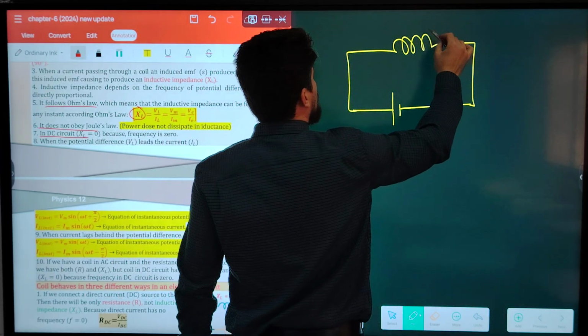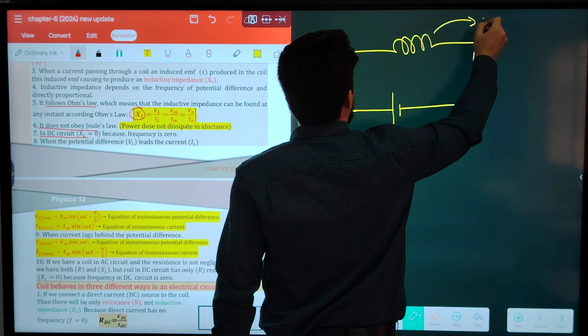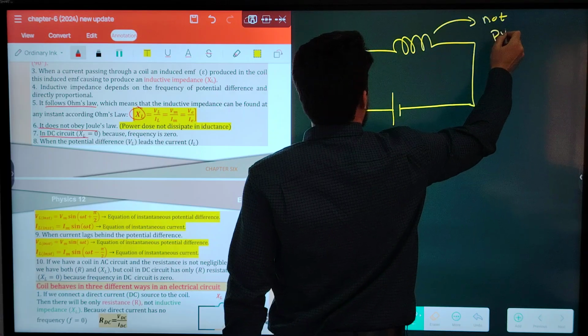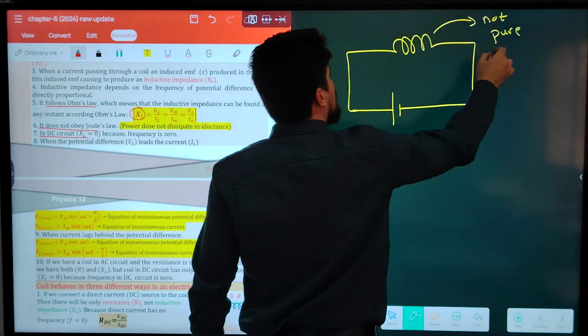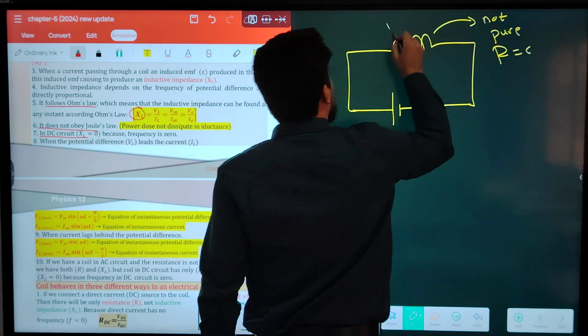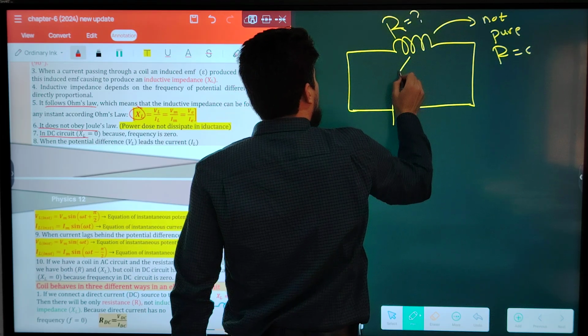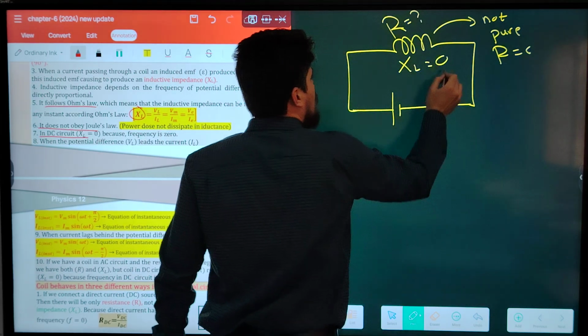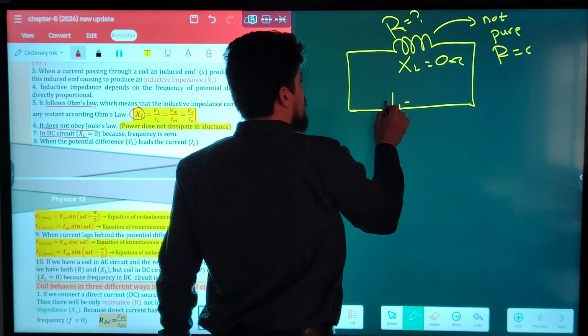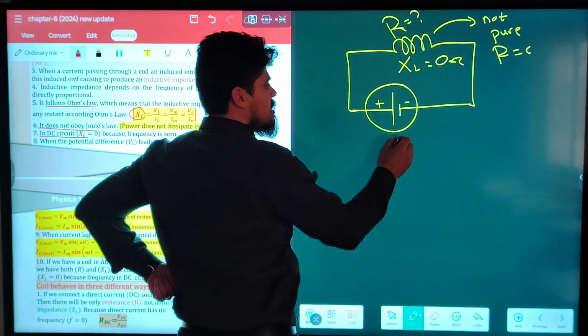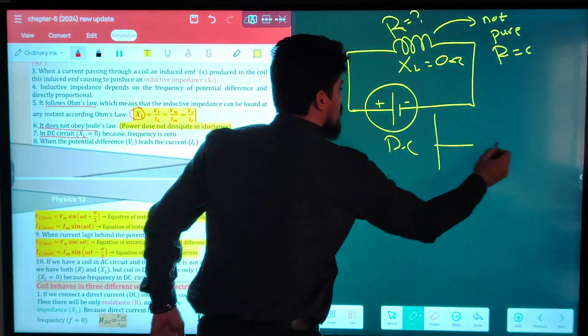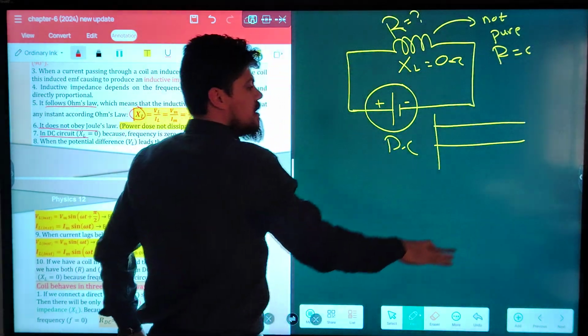if the coil is not pure, it means that R is not equal to 0. The coil has only resistance, but XL is 0. Why is XL 0? The source is what? DC. In a DC source, do we have frequency?